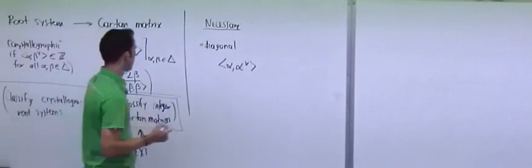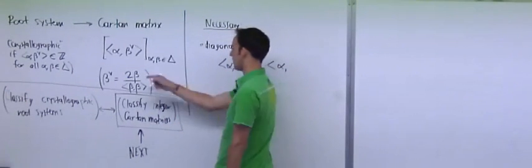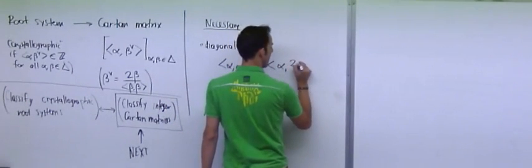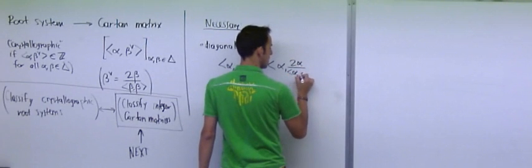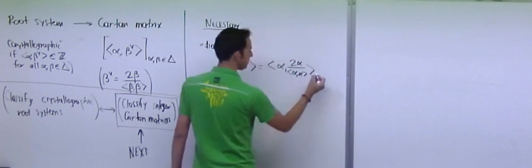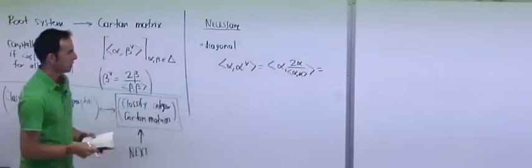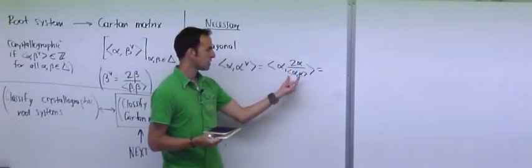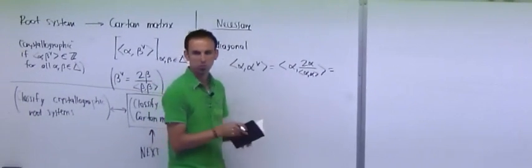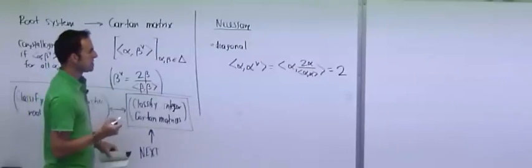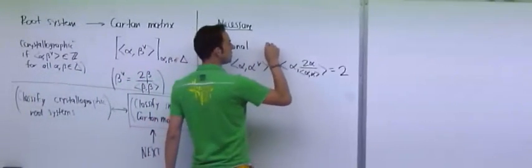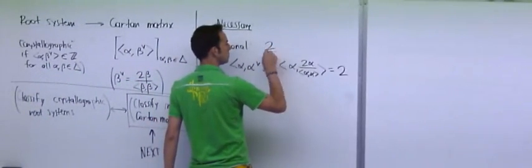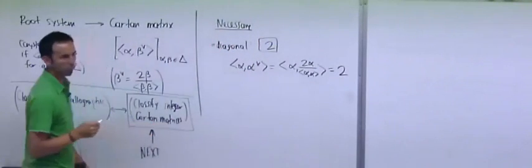And if you compute this, you're going to find that alpha comma alpha check is 2 alpha divided by alpha comma alpha. And again, this is bilinear. You can pull out the 2, pull out this denominator, and you find that this is just 2. So that means that in the diagonal, you're always going to see 2s.